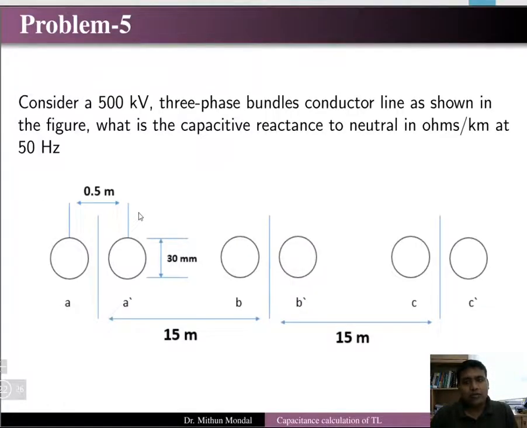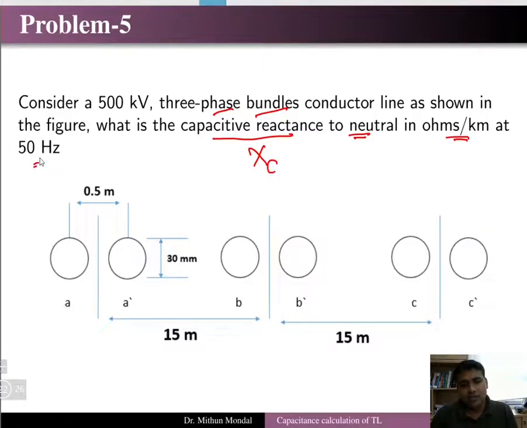So the last problem that we are going to solve is basically on bundle conductor, which is a three-phase. So you have to obtain the capacitive reactance, that is Xc, with respect to neutral in ohms per kilometer at 50 Hertz frequency, right?